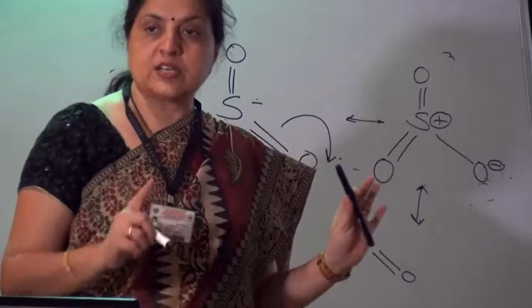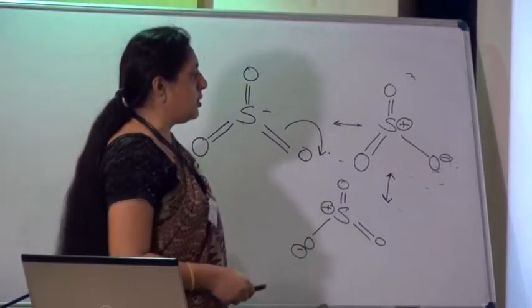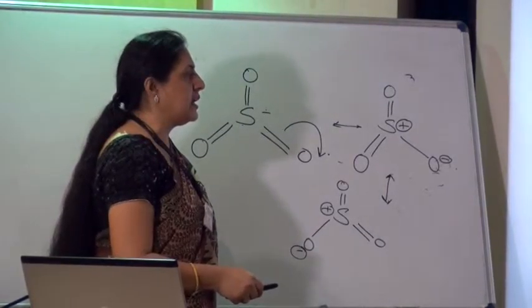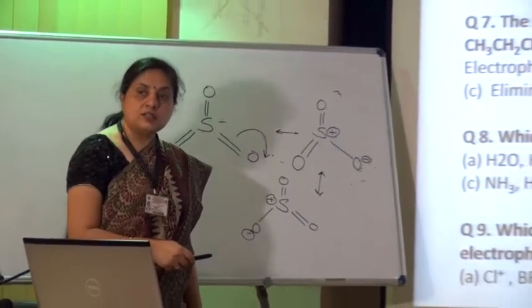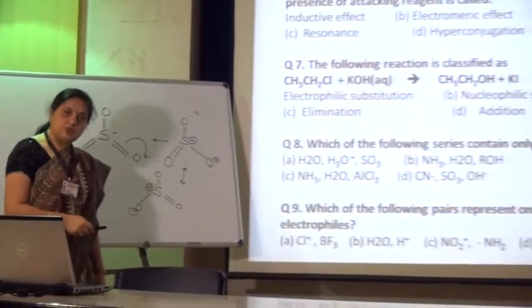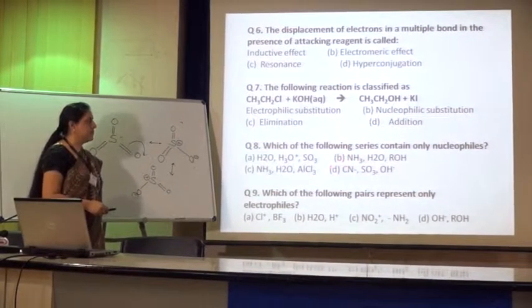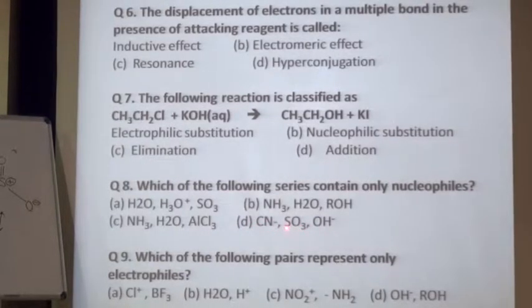So I hope now it is clear to you. We have two electrophiles here, so we can't take it. Now ammonia, water and ROH, these all three are nucleophiles. So your correct answer is B. That would have been a confusion for you.